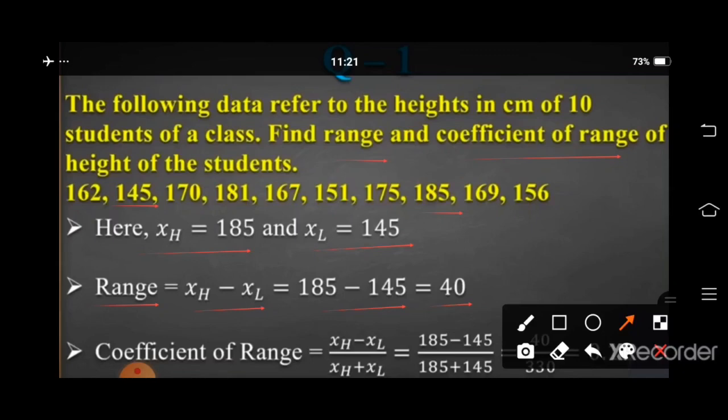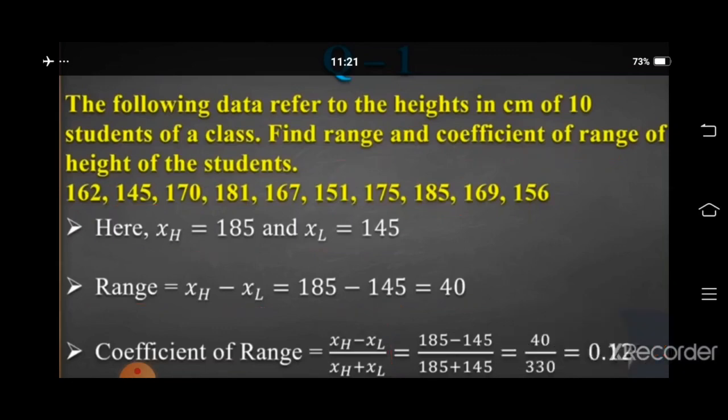Then we have to find out coefficient of range. According to the formula, xh minus xl divided by xh plus xl. Highest observation minus lowest observation divided by highest observation plus lowest observation equals 40 divided by 330, which is 0.12. This is called coefficient of range.